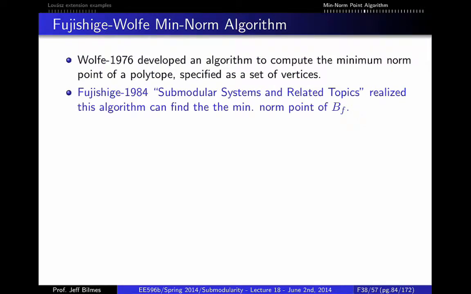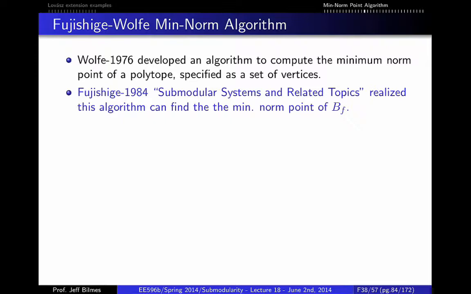And then in his 1984 paper, Fujishige realized that this algorithm can find the min-norm point of P of f. It's interesting, he published this in the paper Submodular Systems and Related Topics. So it's not like he discovered this in 2009, the date of the Fujishige and Isotani paper. He knew this a long time ago.